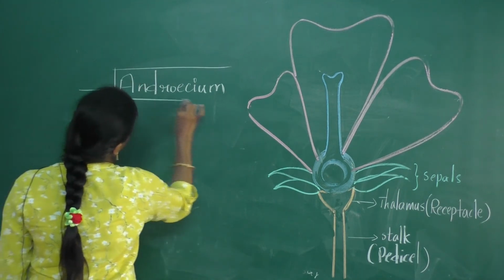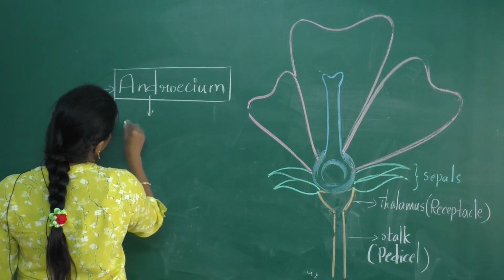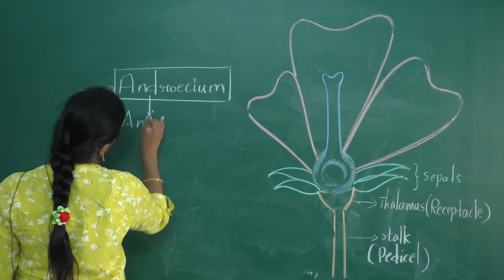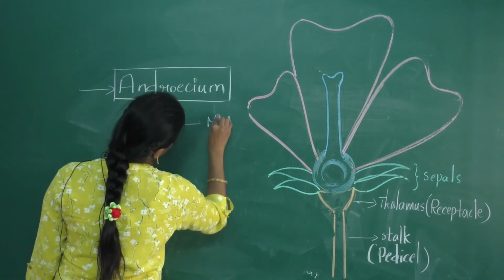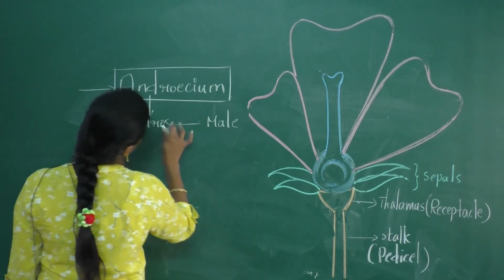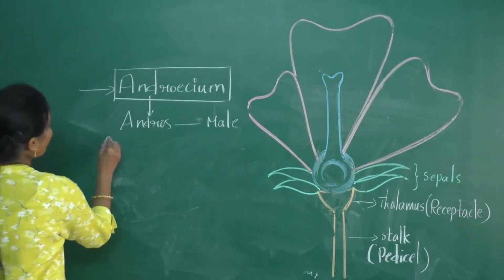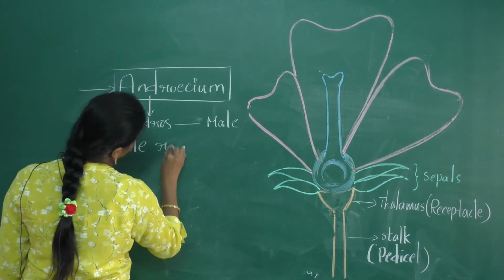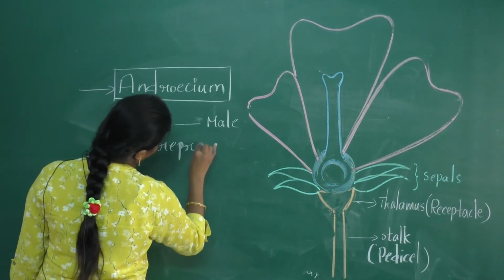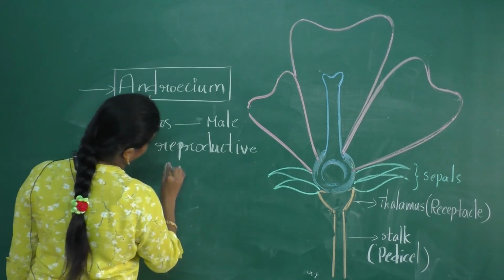Androecium. So here androus means male, so androecium means male reproductive part.